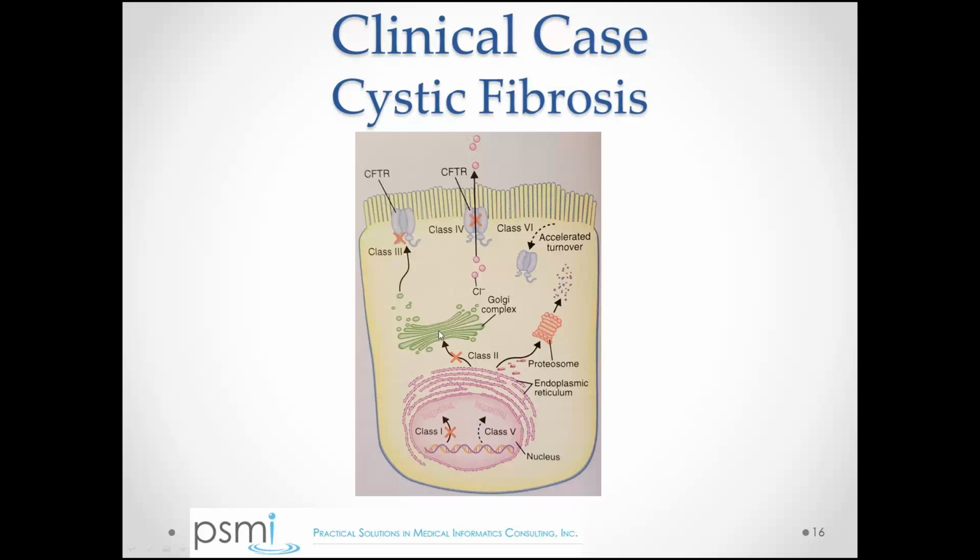You have the class 2 mutations, which are the most common. In class 2 mutations you produce some protein, but the protein is improperly structured so that it doesn't work its way to the membrane. It just gets dissolved ultimately in the Golgi apparatus, and it doesn't reach the epithelial membrane.